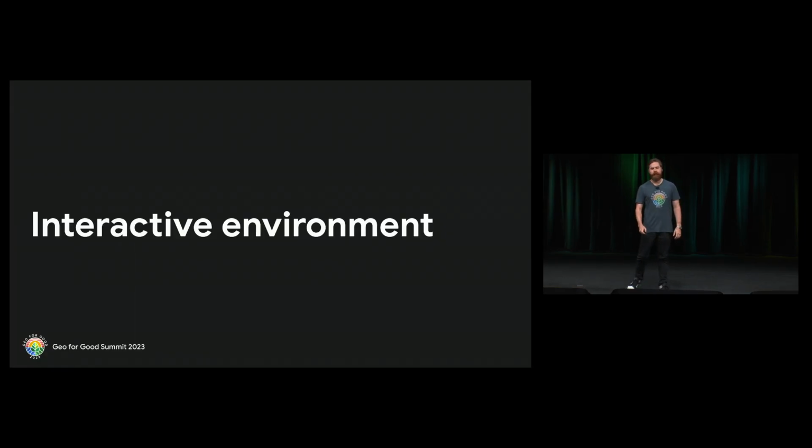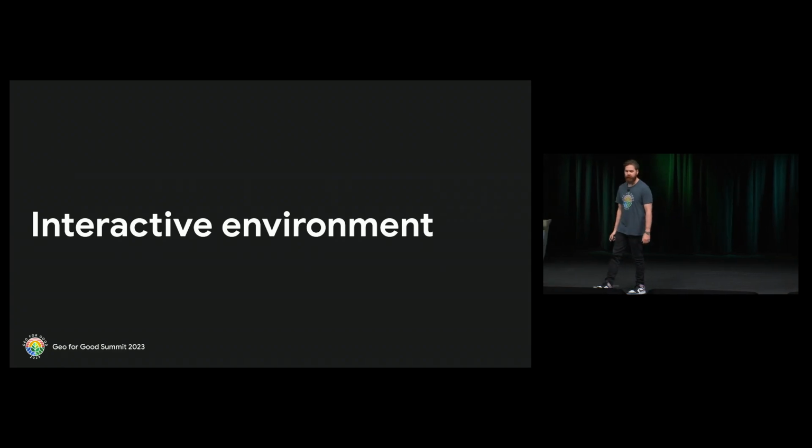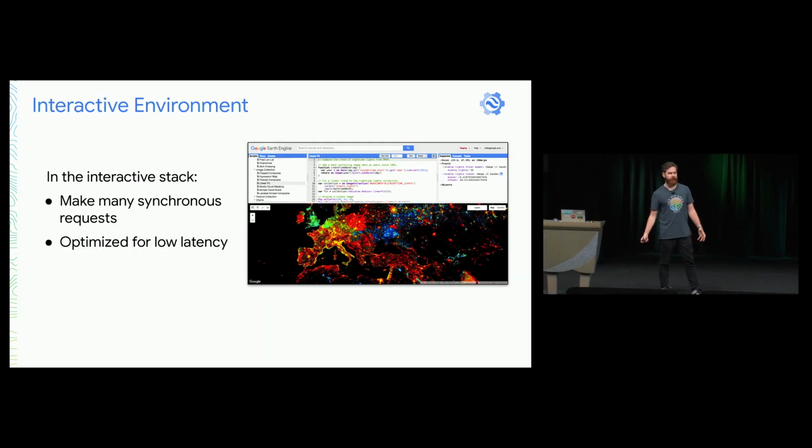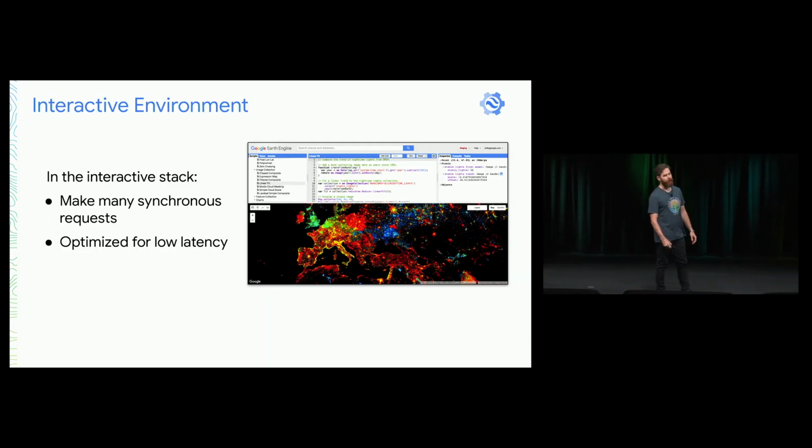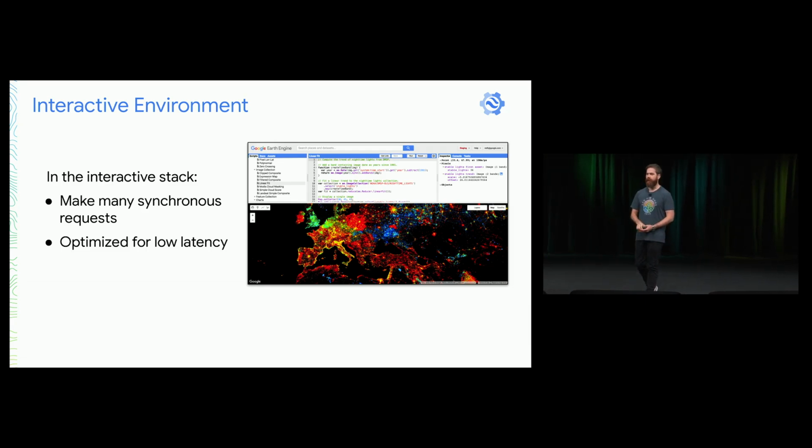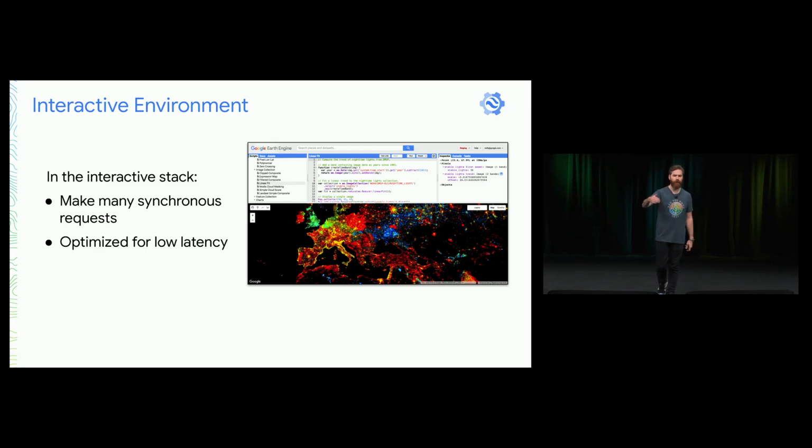So digging in, the interactive environment. This is where most application development happens. We call it a synchronous stack. What that means is that for every request that you make, you wait and you get a response back.